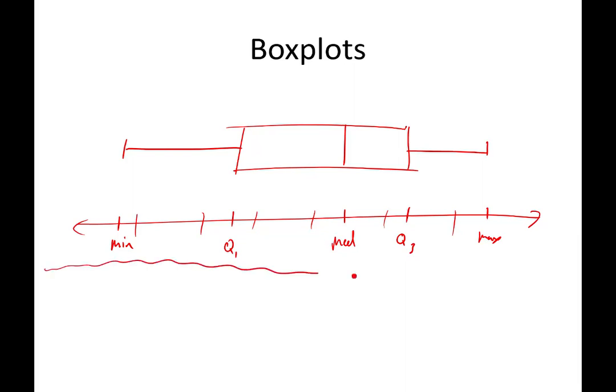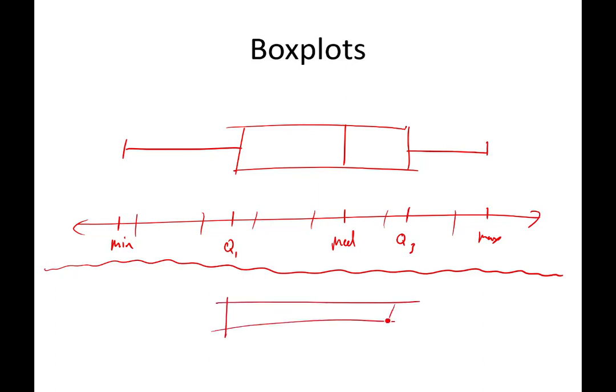Sometimes you'll also see box plots where they'll create the box plot, say from Q1 to Q3. Box plots can also show outliers. So let's say a data set had an outlier. What they'll do is you'll draw the box plot like normal, but instead of going all the way to the min, let's say that your min was an outlier.